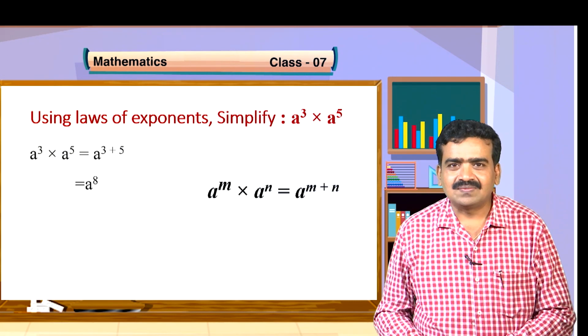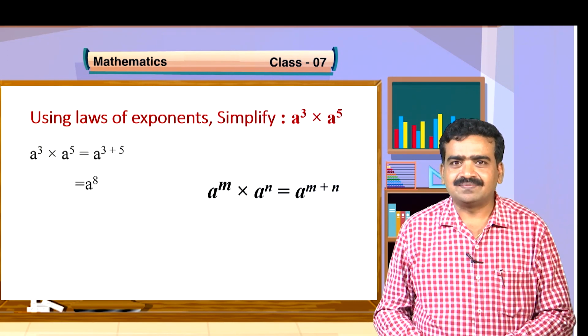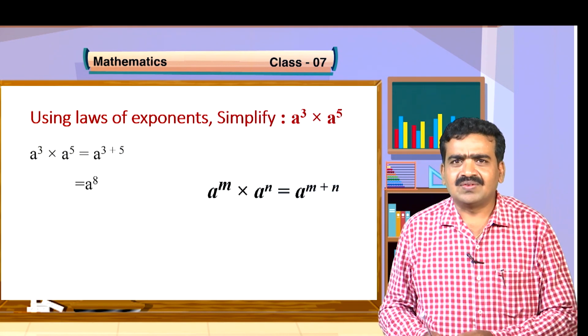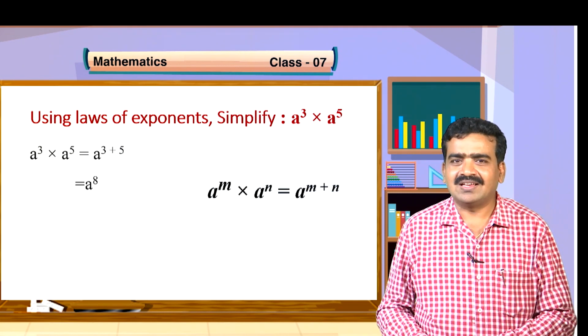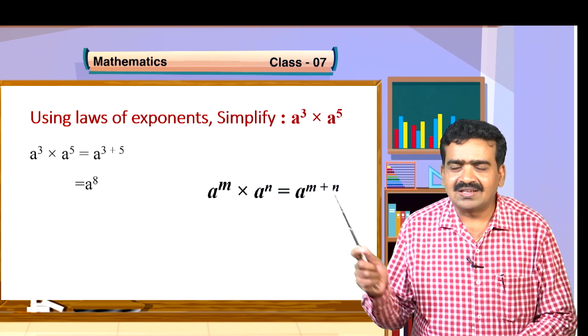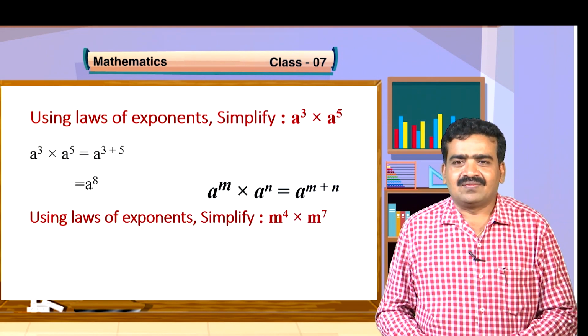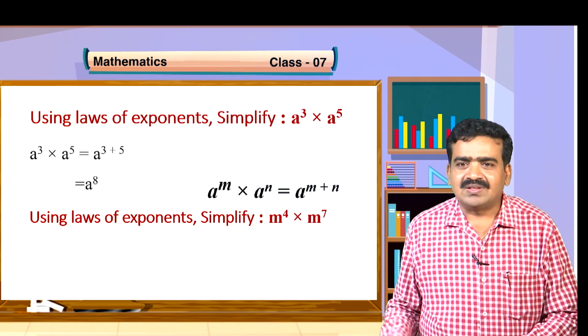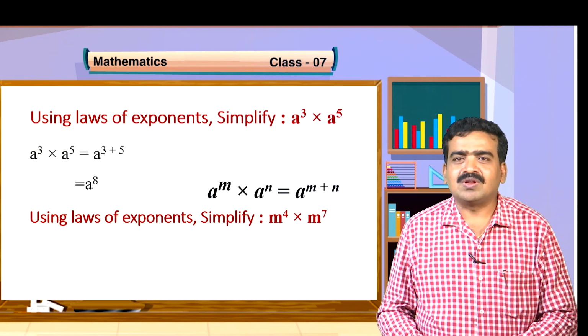Is it understood? I hope you are all following the law which has to be applied to simplify the exponential forms, or which is going to be used to simplify the exponents having the same base. I am giving you one more example, m to the power of 4 into m to the power of 7.